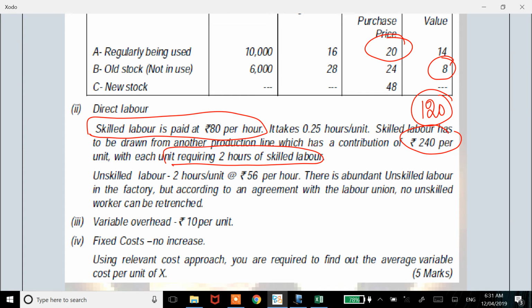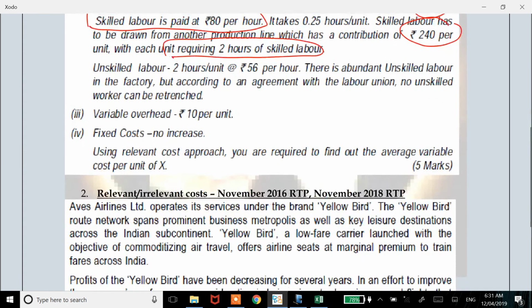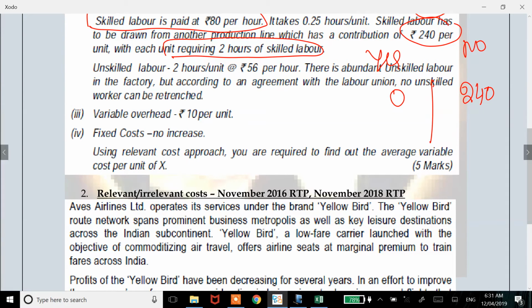That's the logic. Why do we say that? The 240 is what they are earning. That 240 could be 400 rupees of sales and 160 rupees of variable cost, which does not include the labor.